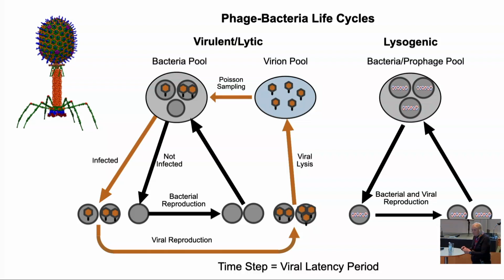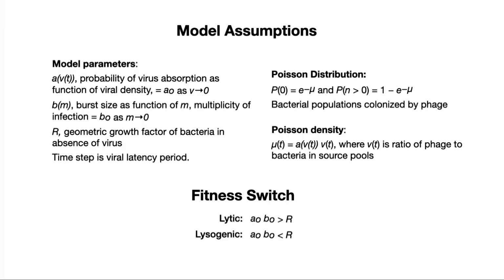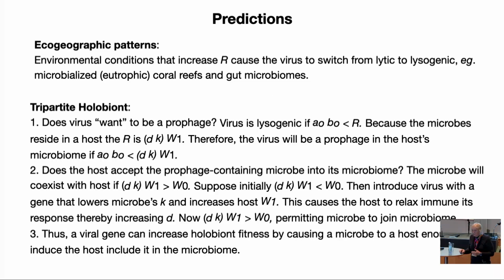Now, I've also done some work, but I won't go into it here, I'll just alert you to it, on the evolution of phage in bacteria, and in particular developed a condition for the transition from a lytic phase to a lysogenic phase. I'll give you the reference to that, but we won't go into it.